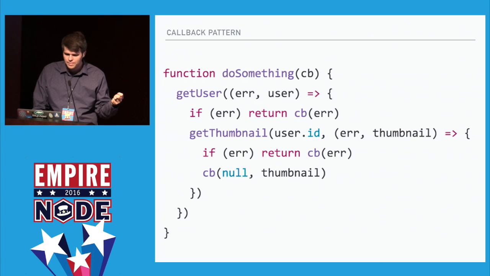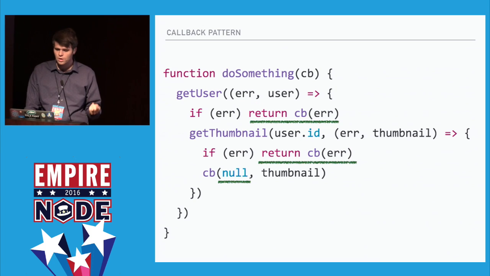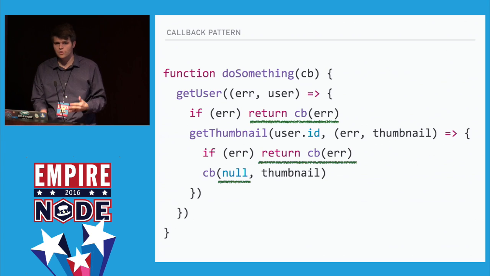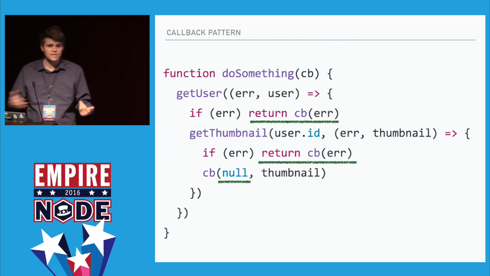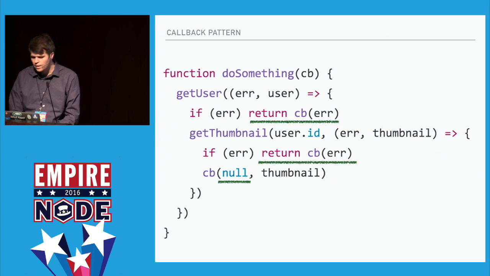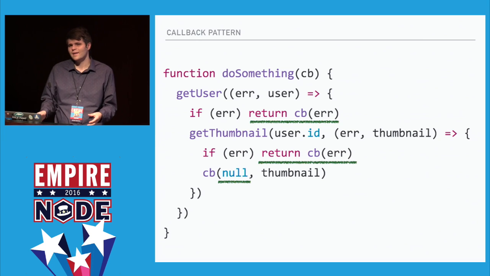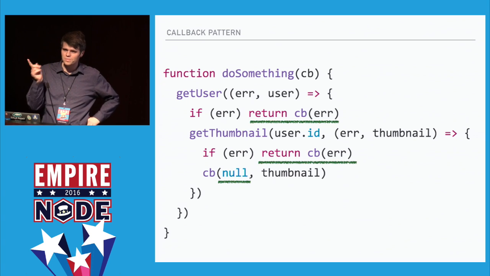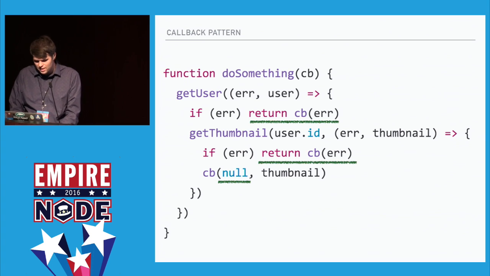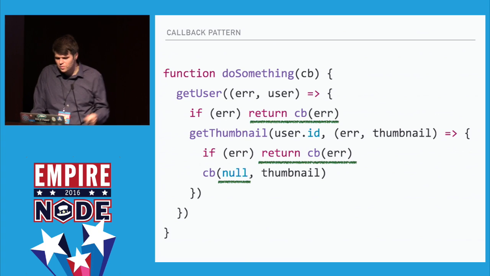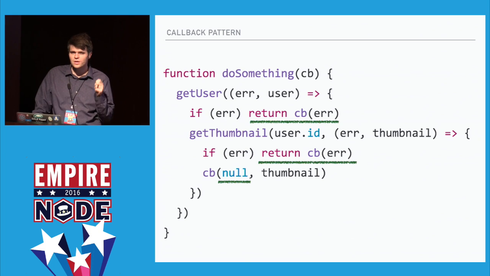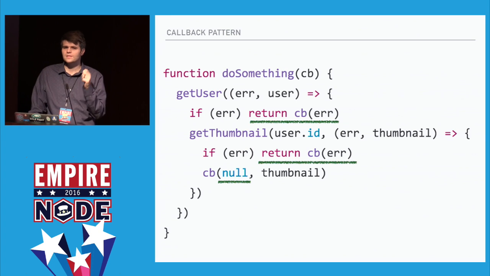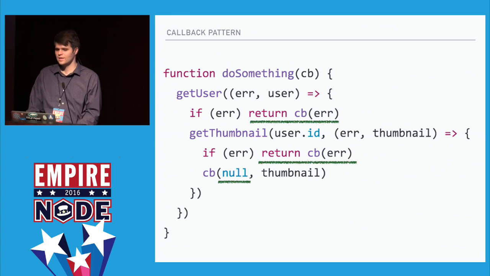With the callback pattern, we always need to return after calling back with the error: handle the error first, call back with null, and then the data. It's a common pattern, but so many times, even if you look in your own code, maybe you'll find one or two places where you mess this up. I do it all the time, honestly. So we use linters to search for patterns like this and to make sure that we're doing them correctly.